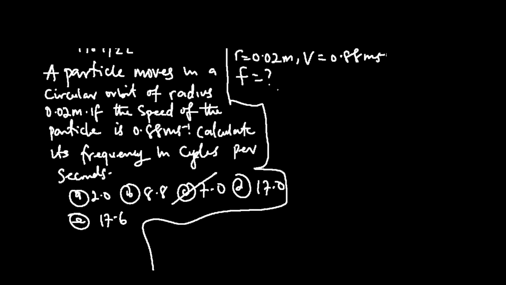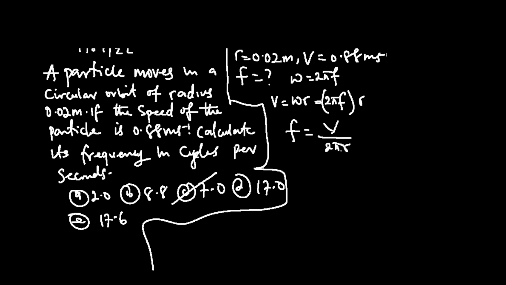But we know there's a formula that relates angular velocity and frequency, because angular velocity is 2 pi f. And there's a formula that relates linear velocity and angular velocity, that is v equals omega r. So instead of omega, replace it with 2 pi f, and we have v equals 2 pi f times r. Therefore, f is going to be v divided by 2 pi r. Do you understand that equation now?